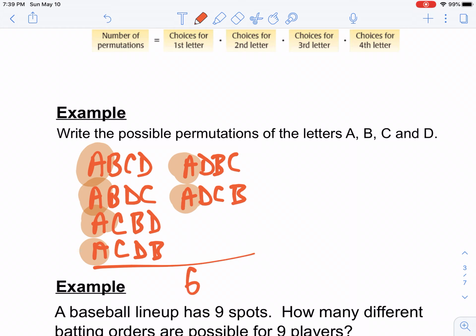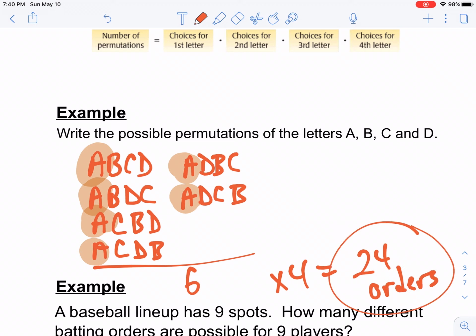And then you would also have 6 where the letter B started, and then 6 for the letter C starting, and then 6 for the letter D starting. So you're going to wind up with 24 different permutations, 24 different orders. You could write them all out. You could do BACD, BADC.